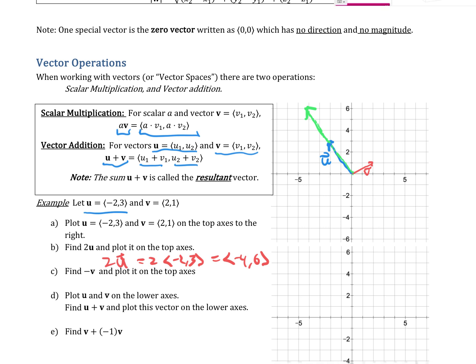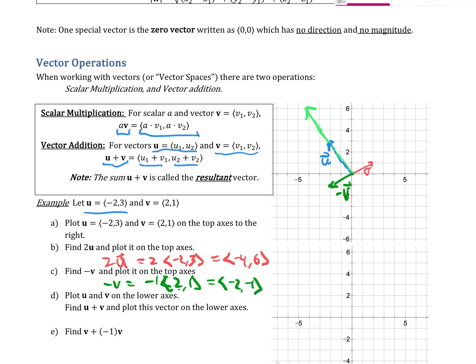Then -v is -1 times 2, 1, and that would be -2, -1. So -2, -1 is over here, and so there is -v. Notice it takes it the other direction, okay?